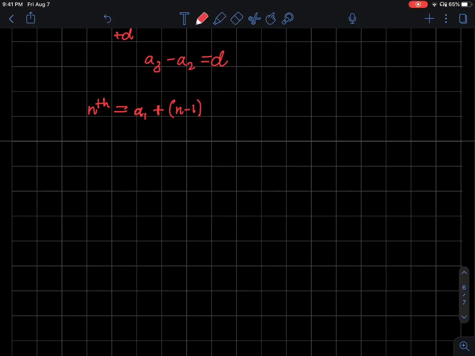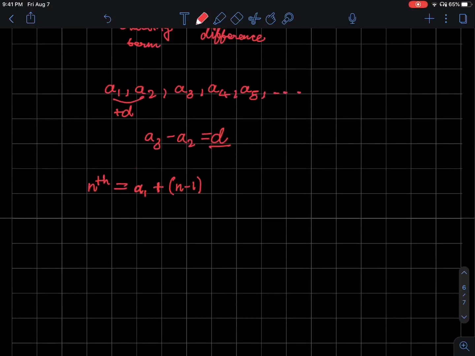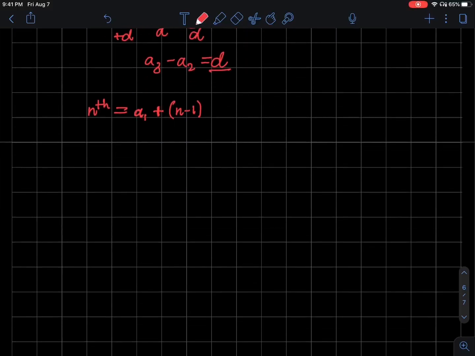And each of those steps has value d, right? d here, then d here, d. See? So it's n minus 1 d. And there, I'm just going to switch those last two around, and you get a1 plus d into n minus 1 as the formula for the nth term of an arithmetic sequence.